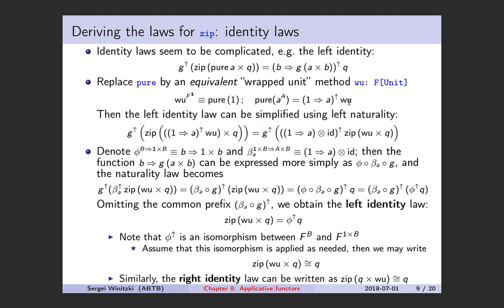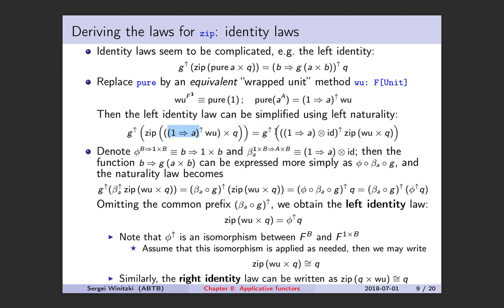So these are equivalent. You can see that if we use wrapped unit instead of pure, then things are actually simplified. And this is how we do it. So let's substitute first. Instead of pure a, we substitute this.